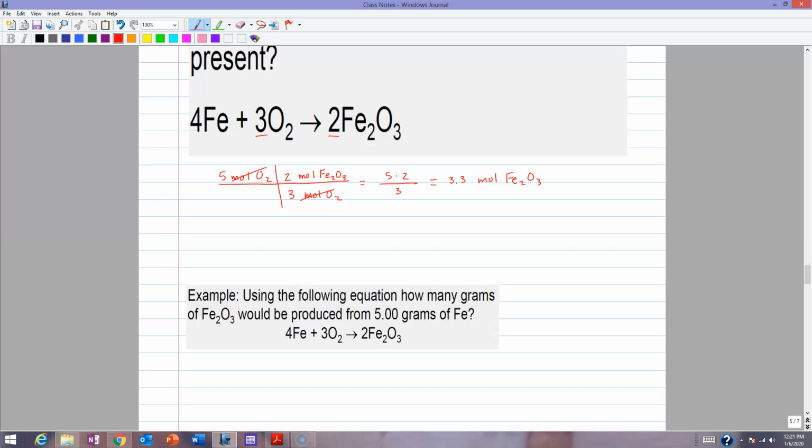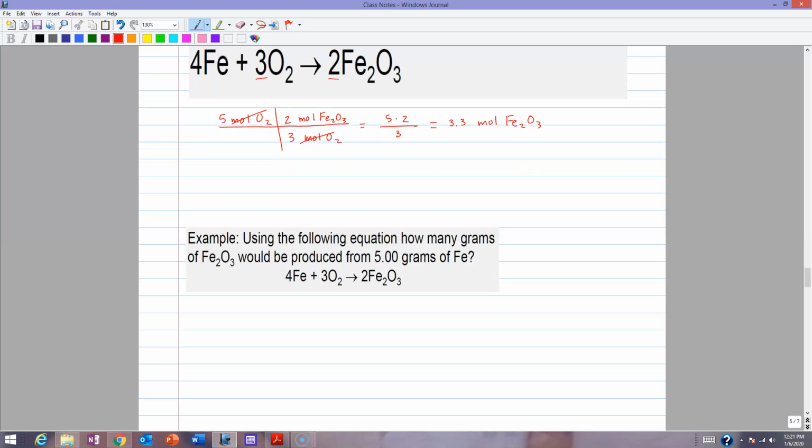Our next example problem asks us, using the following equation, how many grams of iron 3 oxide are going to be produced from 5 grams of iron. So now my given is that I have 5 grams of iron, and I need to convert that first to moles of iron, because to go through the mole conversion, I have to be in moles.